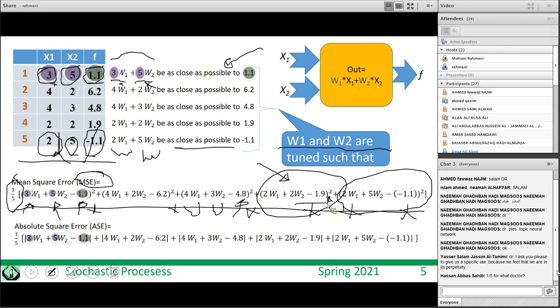The power is error. We need to minimize all these terms. We have 5 terms. Each term is related to a row of the table. We want to minimize all these 5. Okay?